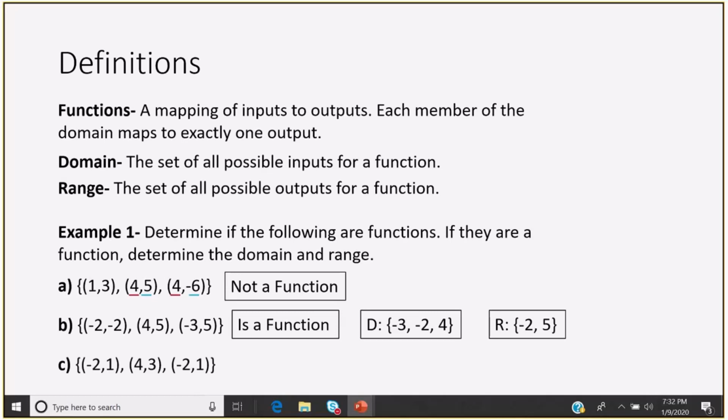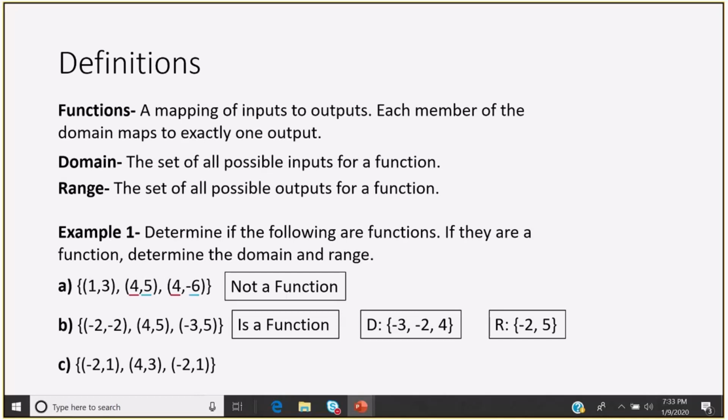Now this is kind of a strange case, so if this one messes with your mind, don't be concerned about it. Really make sure that part A and part B make sense, but part C is kind of interesting. Again, you kind of leap out and say, oh, okay, having repeated inputs is usually pretty bad. That's what broke the definition of a function in part A, and that's certainly what's happening here. But it's doing something tricky.